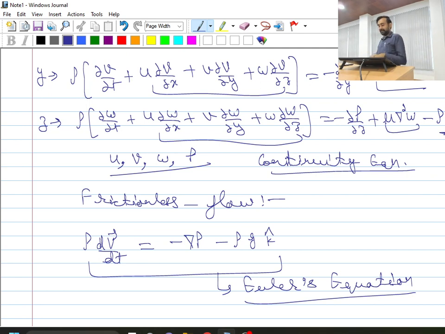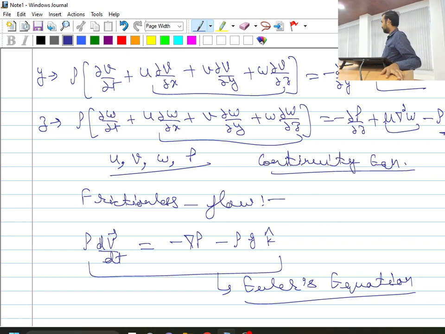So you can simply say that the Euler equation is nothing but the differential form of the Bernoulli equation. Or in other ways, in a more generic sense, because the Euler equation is the generic one which is applicable at each and every point, I can say that the Bernoulli equation is nothing but a special form of the Euler equation.